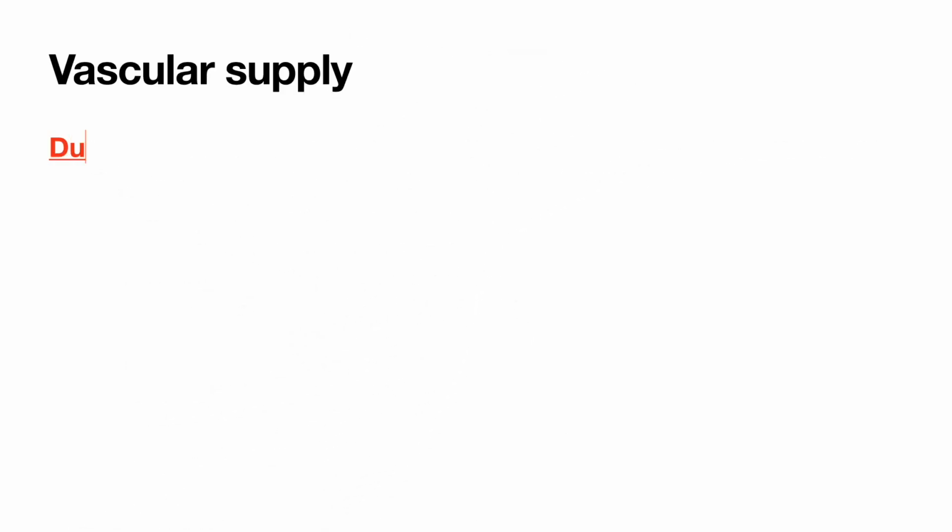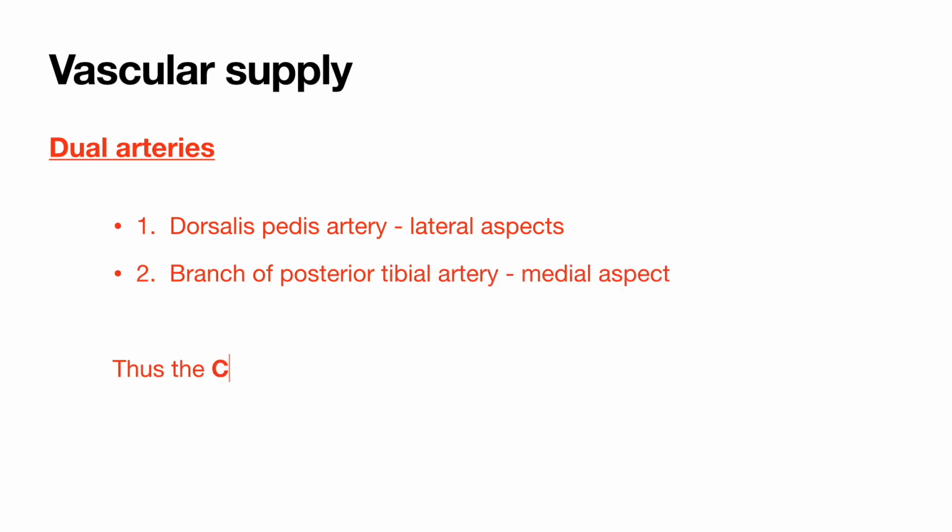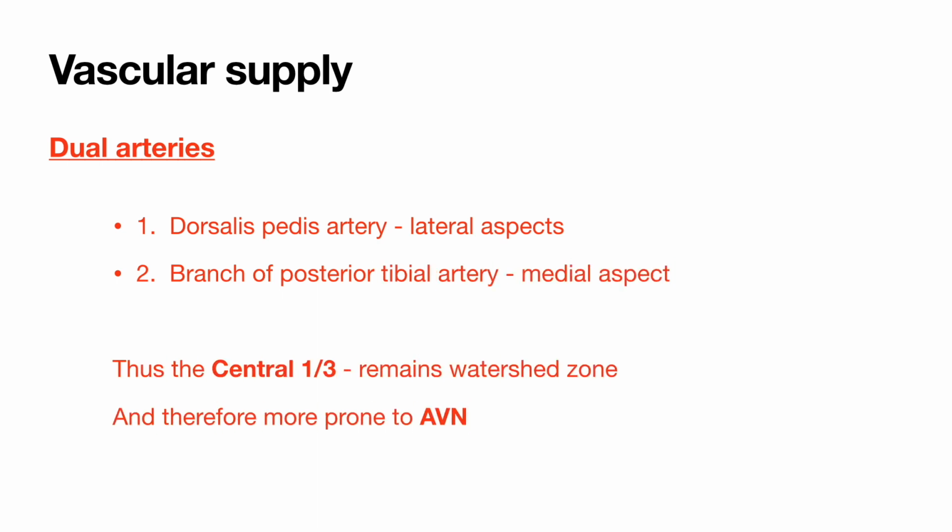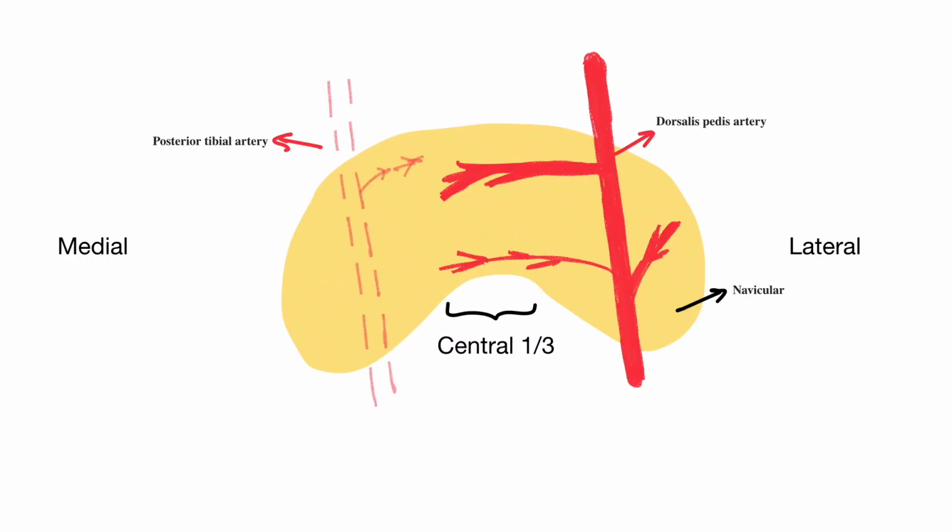It is supplied by dual arteries: the dorsalis pedis artery, which supplies the lateral aspects, and the branch of posterior tibial artery, which supplies the medial aspects. Based on this supply, it can be divided into 3 regions: medial, central, and lateral 1/3 of navicular bone.